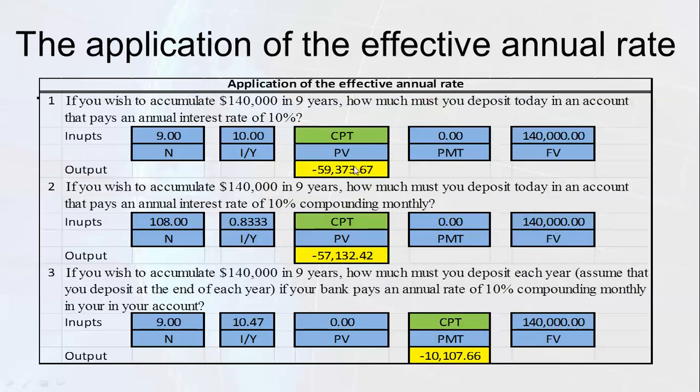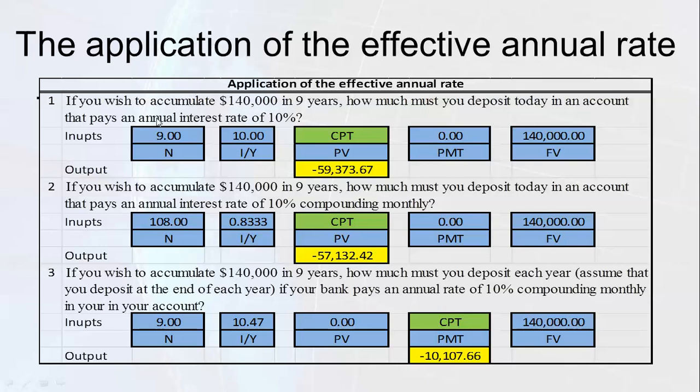The calculator just follows the cash outflow convention. That's why this is a cash outflow. You are depositing in the bank. You are not depositing negative $59,000. You are depositing positive $59,000 in your bank account.